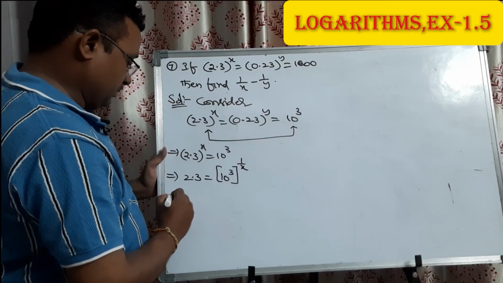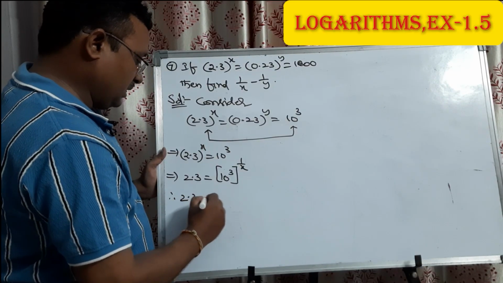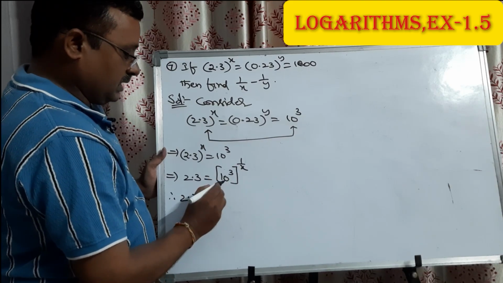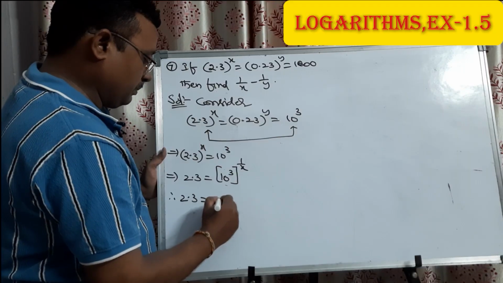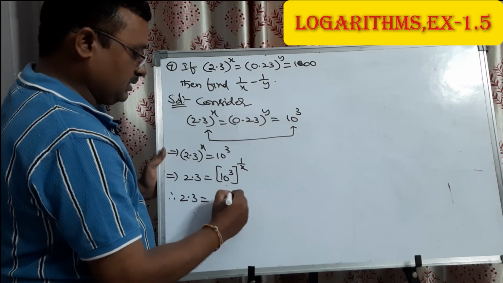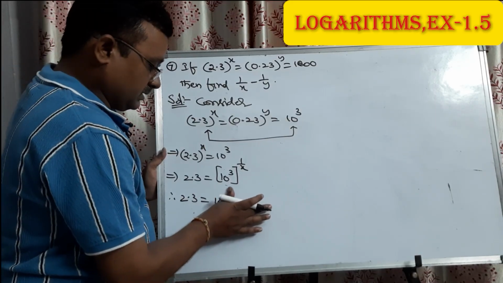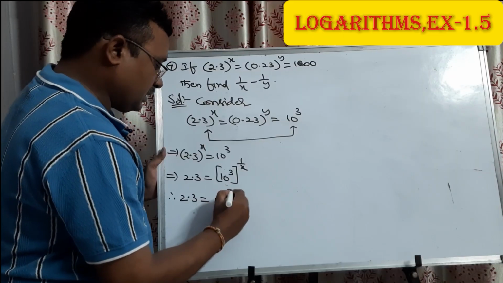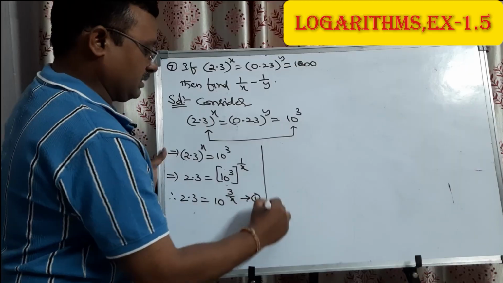Therefore 2.3 is equal to 10 cube whole power 1 by x, that is a power m whole power n model, which is a power m into n, that is 3 into 1 by x, means 3 by x. Let us consider this one as equation 1.